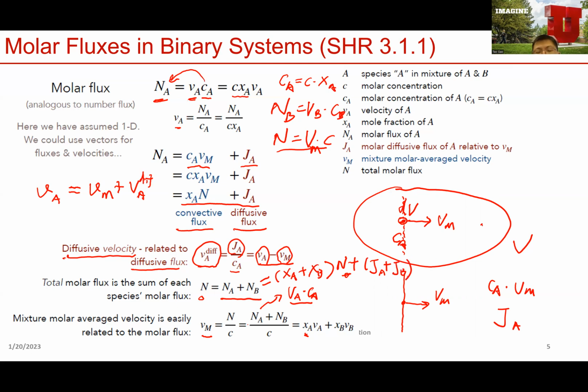So I'm just adding the convective flux of A and B into one term, and the diffusive flux of A and B into one term. Now XA plus XB for a binary system is 1. Then you have N on the left and on the right, and you can just cross them out. So that just means JA plus JB equals 0.